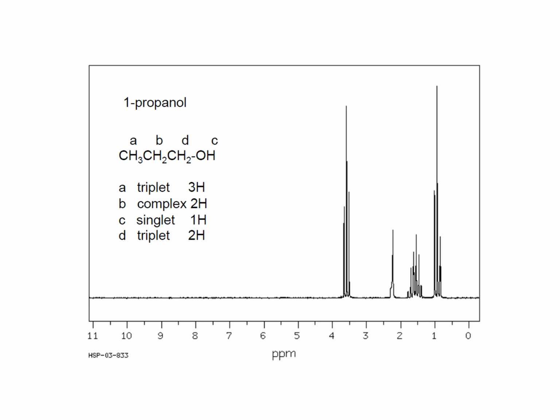Then think about propanol. So A, B, C, D. A would be here, B would be here, C would be here, and D would be here. And D is the hydroxyl, and the hydroxyl location is within 4. Okay. So think about the nearby ones: 3 hydrogen, 2 hydrogen, 1 hydrogen, 2 hydrogen. And think about the splitting.